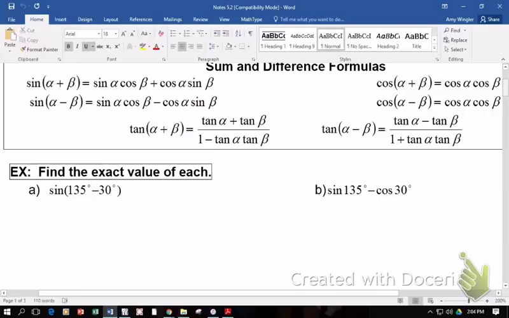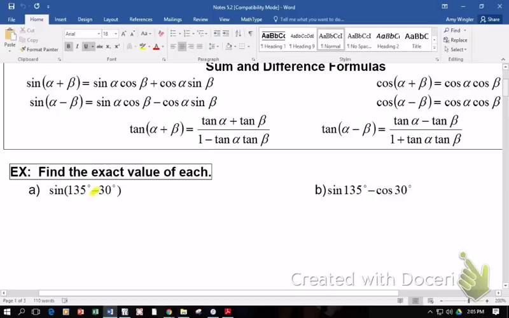We use these when we have to find the sine, cosine, or tangent of angles that we do not have on the unit circle. So for example, on number 1, we could use a difference formula for sine on this one.